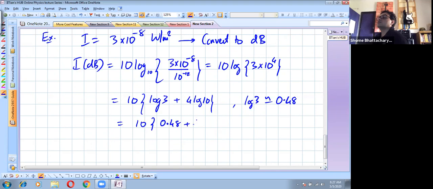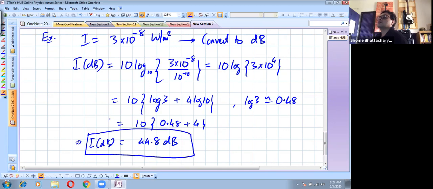And log 10 is of course 1. So 44.8 decibels. This becomes the value of intensity in decibels. So this type of calculation you should know.